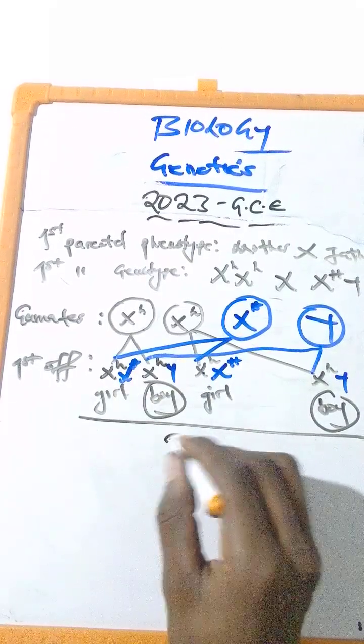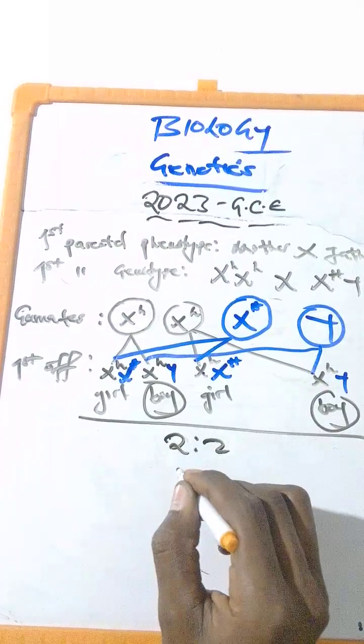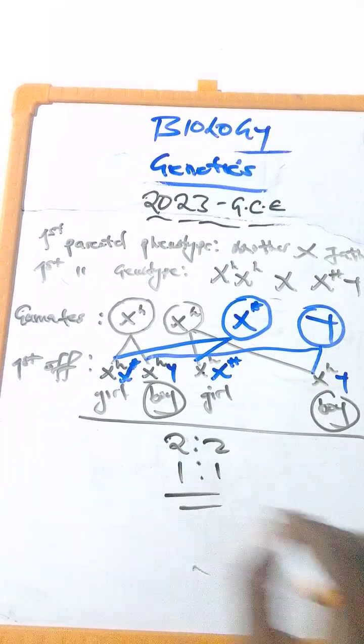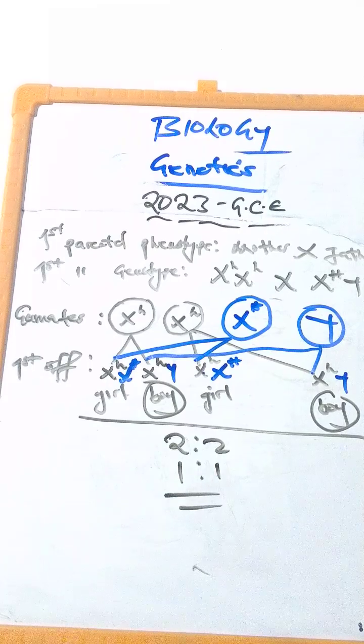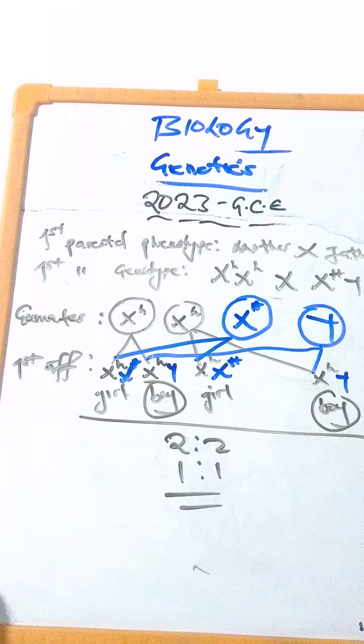So it is 2 to 2, which is equal to 1 to 1. So this is how we draw a genetic diagram under hemophilia. Next, we move to another question on the same part of hemophilia.